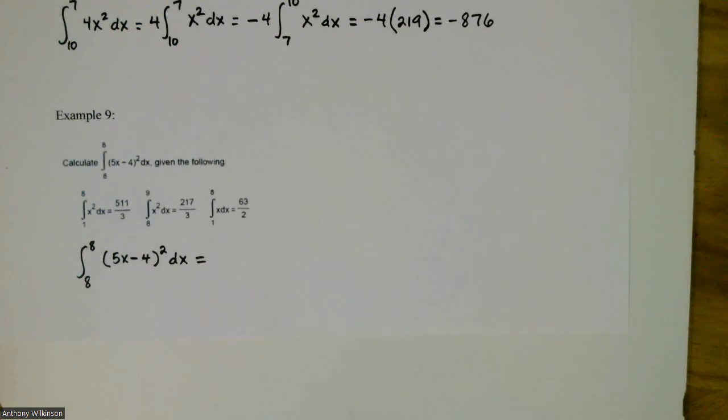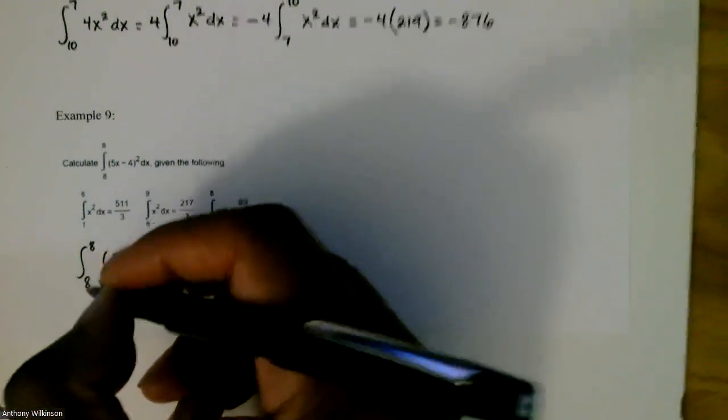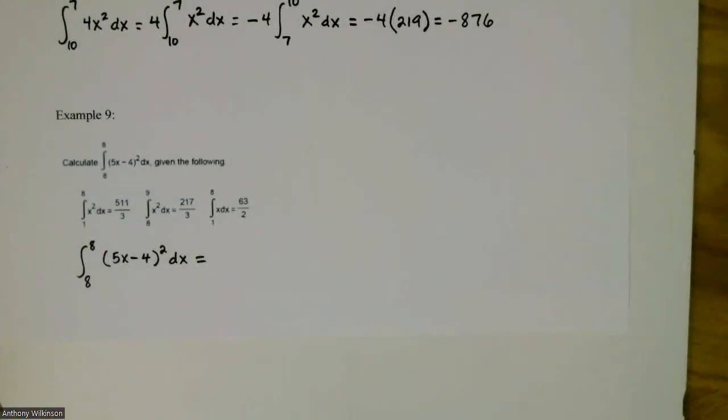All right, in this case here, notice your upper limit and the lower limit are exactly the same. So here I'm going to be applying property number 1, because my upper limit and lower limit are exactly the same.